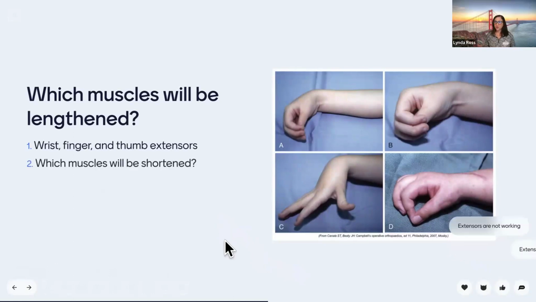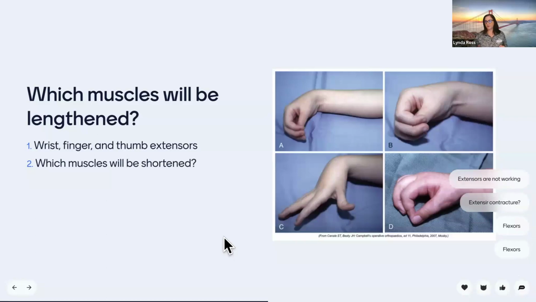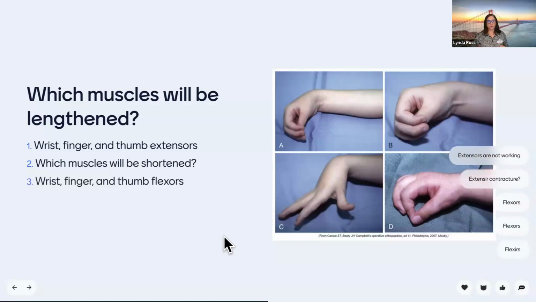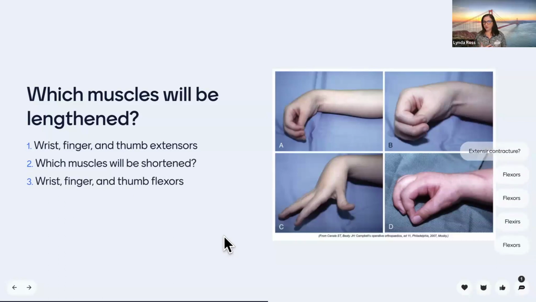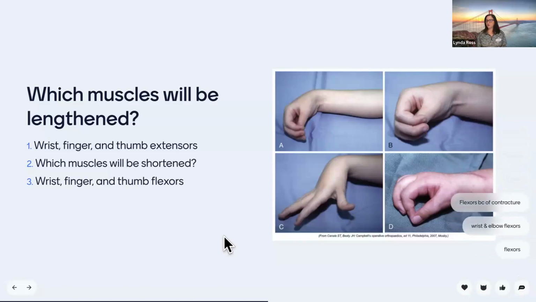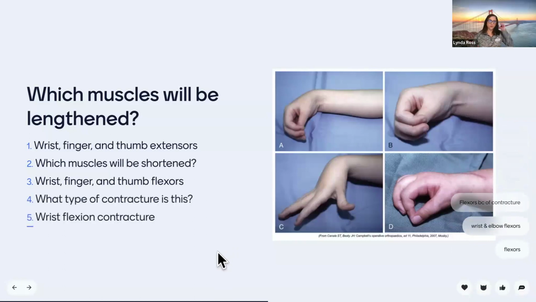So which muscles will be shortened? The flexors. That's right. So based on this, which muscles are at risk for a contracture with this condition? The flexors, right? Okay, so it's a wrist flexion contracture.